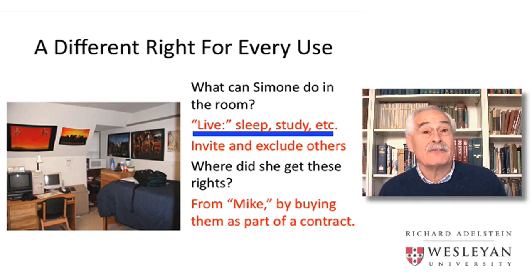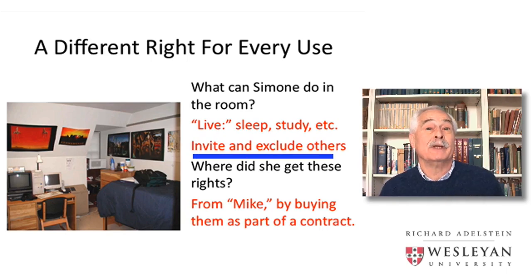And she can invite other people into the room if she chooses, and she can invite those other people to use the room in the way that she can use the room. So she can invite somebody else to sleep there, she could invite somebody else to study there, she could invite somebody else to do any of the things in the room that she's entitled to do in the room herself.